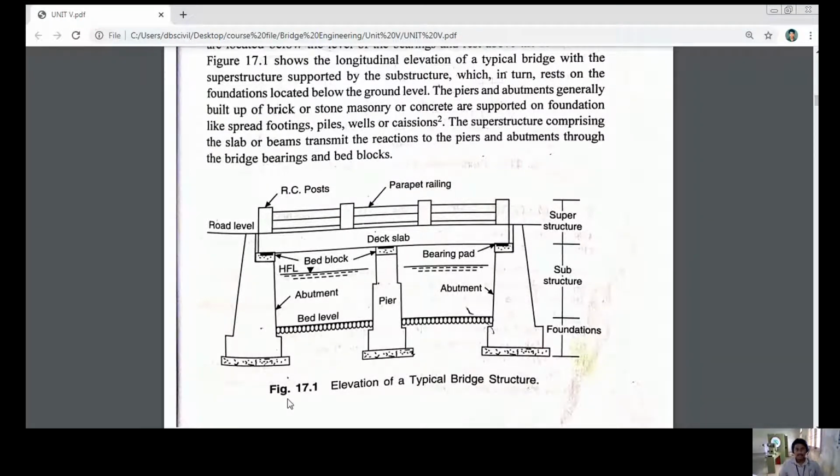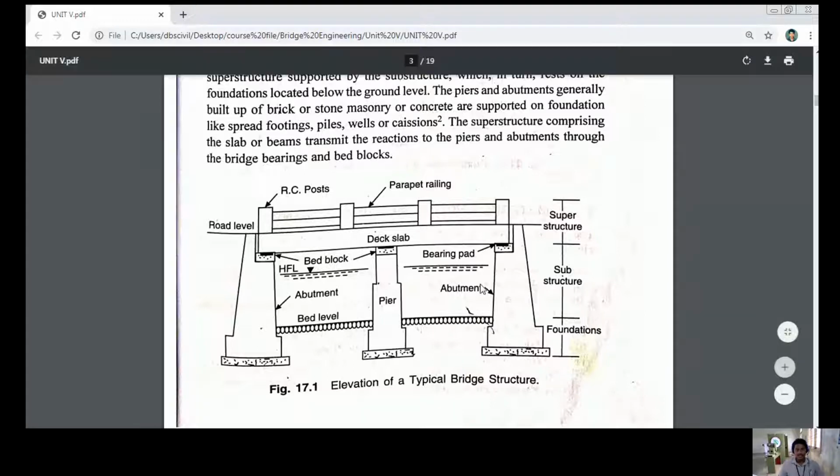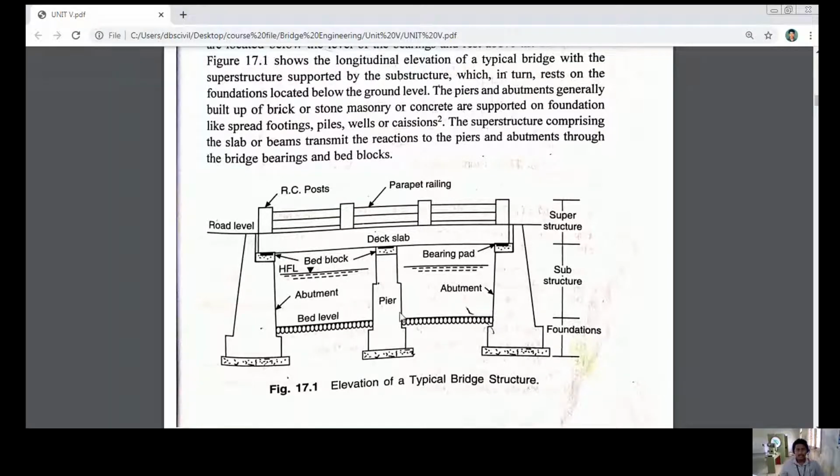Let me explain what elements are given in this, because it is very important to discuss this bridge structure for a clear idea of what we are going to study in Unit 5 regarding piers and abutments. Okay, let's start from the ground level.